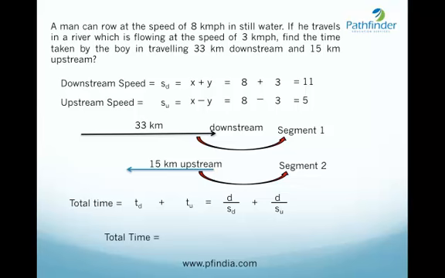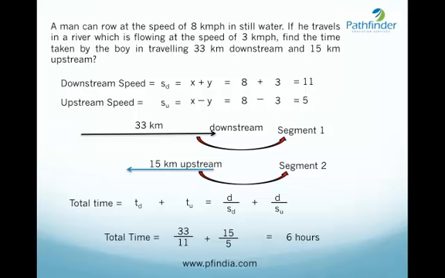So if we put in the values in the above equation, we have total time equal to 33 by 11, where 33 is the downstream distance and 11 is the downstream speed, plus 15 upon 5, where 15 is the upstream distance and 5 is the upstream speed, which gives rise to 6 hours.